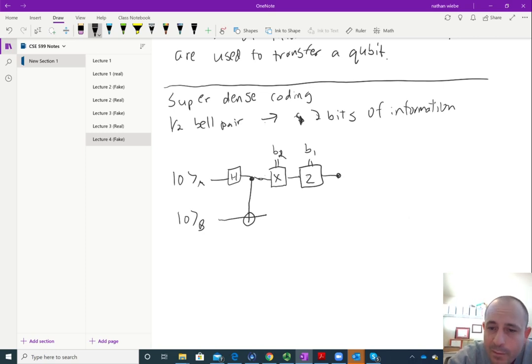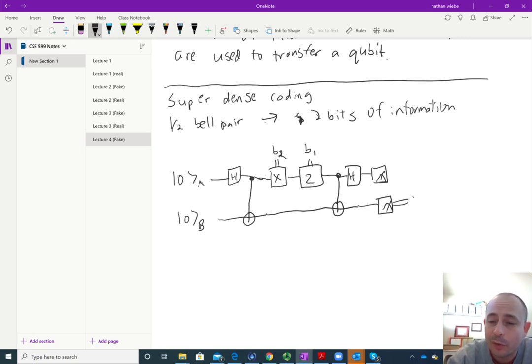Now we do a controlled NOT on this side, then a Hadamard gate, and Bob measures out both of them. My claim is that deterministically, this measurement result is B2, and this measurement result is B1.